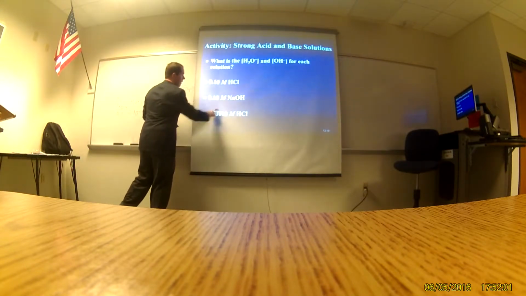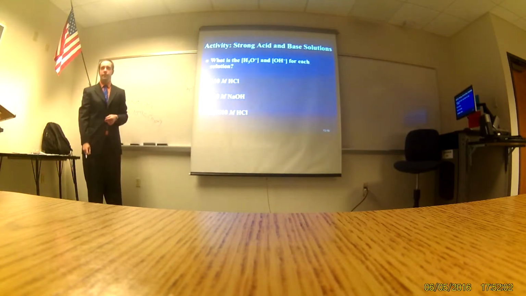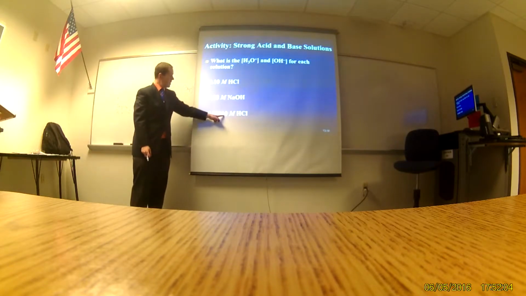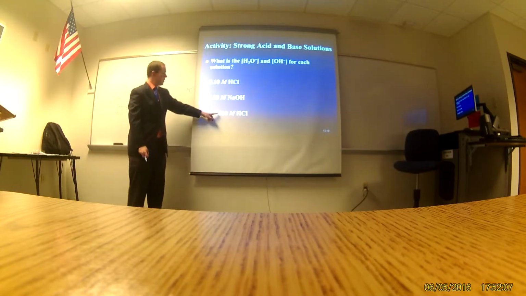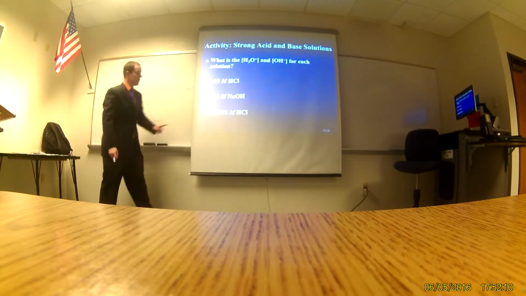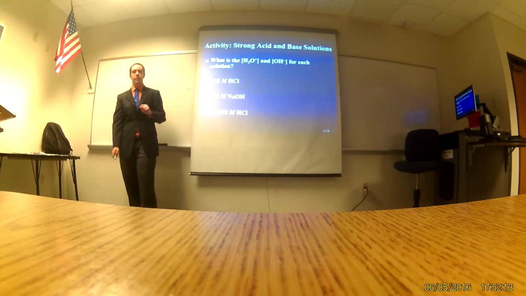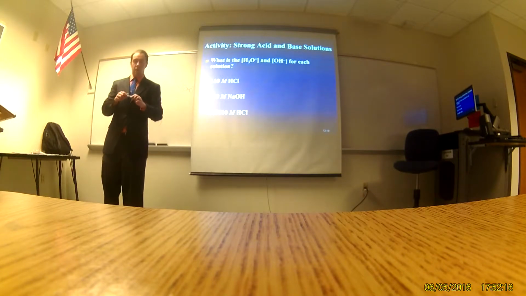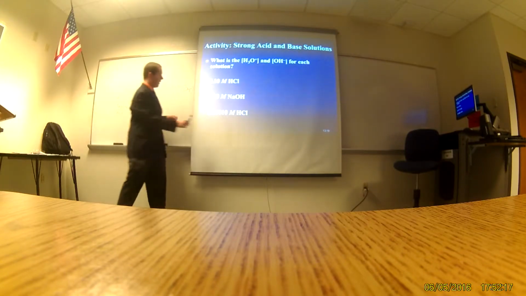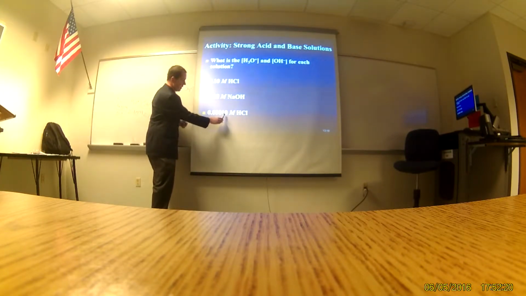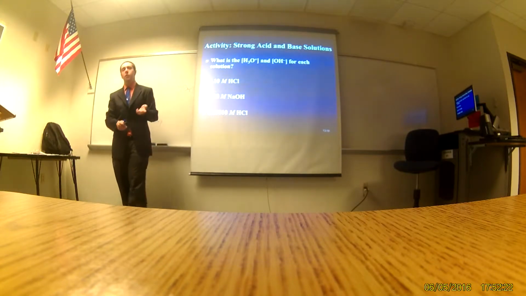Here we have HCl again. All you have to do is plug this number in there. But this one you can probably do in your head. What is this in scientific notation? 1.0 times 10 to the negative 4. Is that the H3O plus or the OH minus?